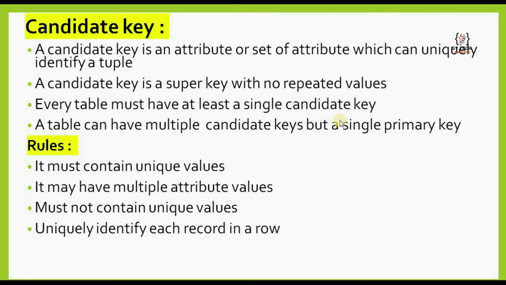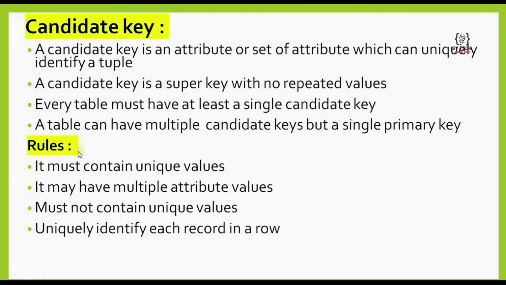Next one, candidate key. A candidate key is an attribute or set of attributes which can uniquely identify a tuple. A candidate key is a super key with no repeated values. Every table must have at least a single candidate key. A table can have multiple candidate keys but a single primary key.